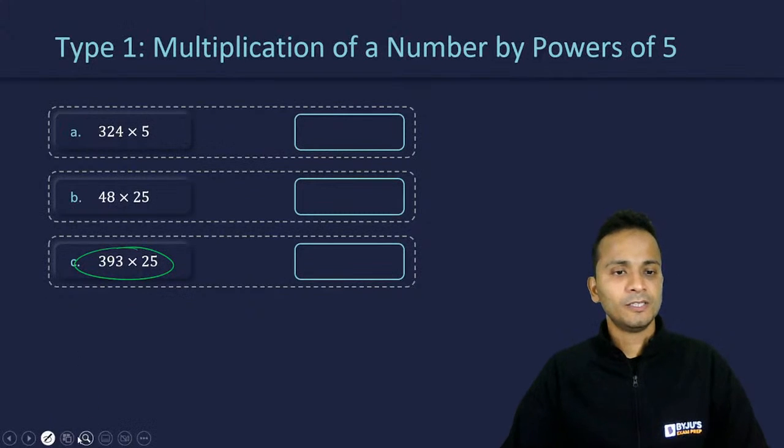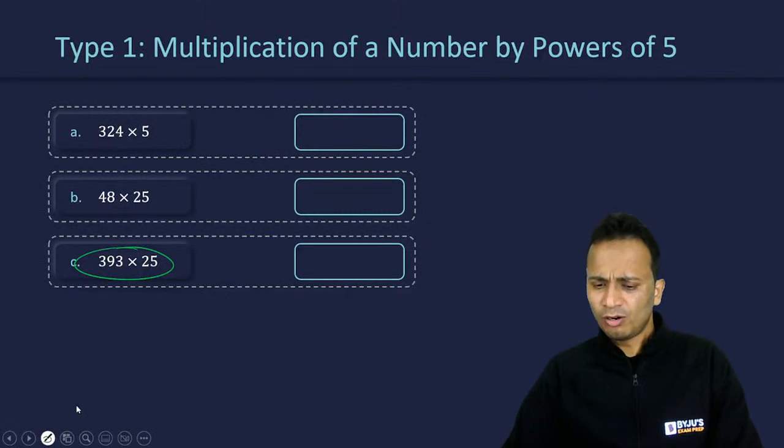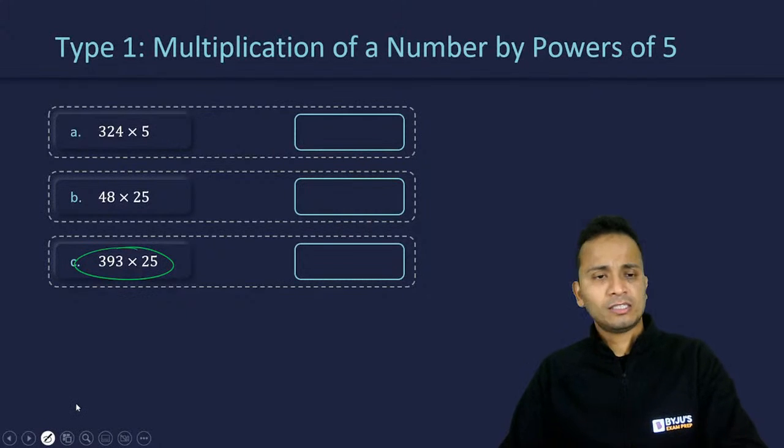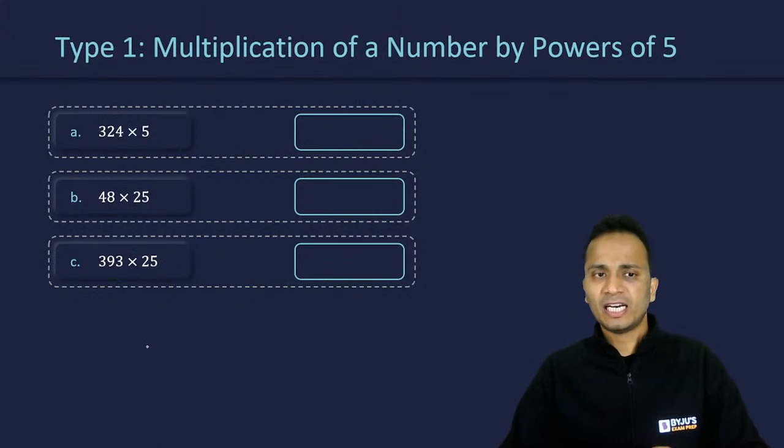Yes, any answer? Since there is a lag of 7 to 8 seconds, I'll be getting your answers after 7 to 8 seconds. So let me start with the calculation.